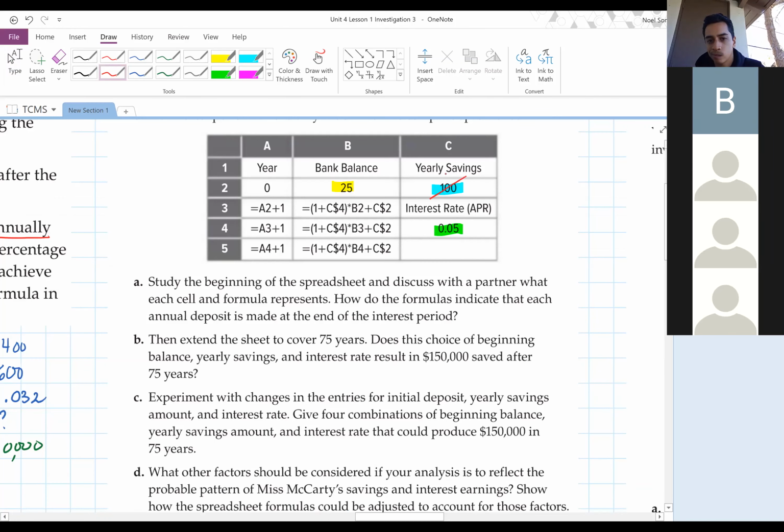So maybe instead of 100, what do you think might be a better choice? You don't have to calculate it out right now. Just throw a guess out. What do you think you would need to deposit every year to get to 150,000 after 75 years?